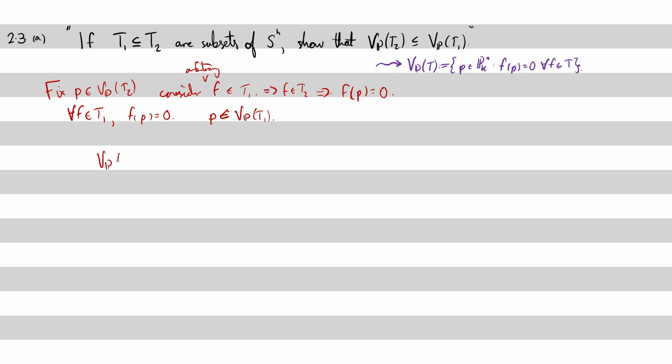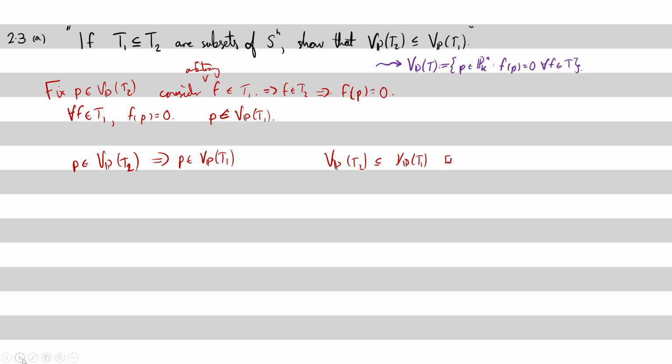So p within the vanishing set of T2 implies that p is within the vanishing set of T1, which is the equivalent statement to what we are trying to prove. So, the vanishing set of T2 is contained within the vanishing set of T1, and we are done.